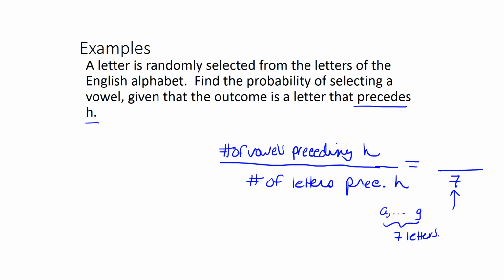The probability of a vowel, knowing it's a letter before H, well, if you think about the vowels before H, there's 2 vowels out of the possible 7. So with conditional probability, the denominator is not going to be the overall total. You have to look at just a specific subset.